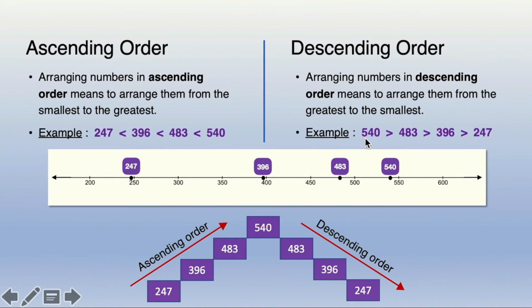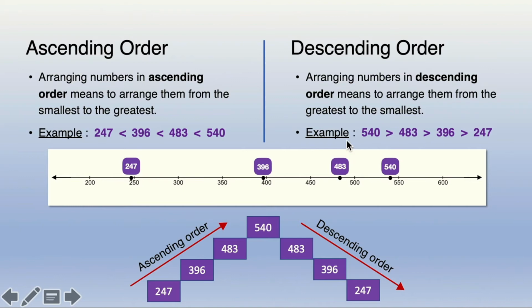Now, arranging numbers in descending order means to arrange them from the greatest to the smallest value. So over here we have the same set of four numbers and we have arranged them in the descending order, with the first number being the number which is having greatest value, right? And then the values go on decreasing, and this is the number with the least value. So along the number line, when we are arranging numbers in descending order, we are moving from right to left.